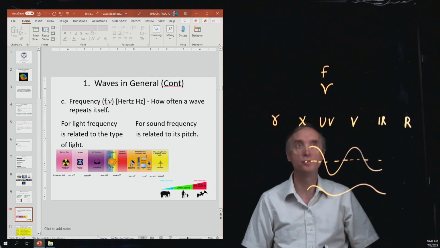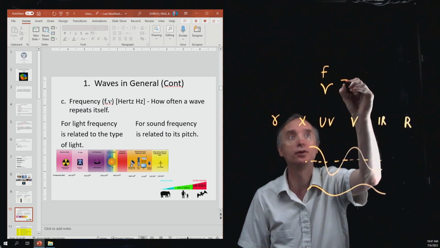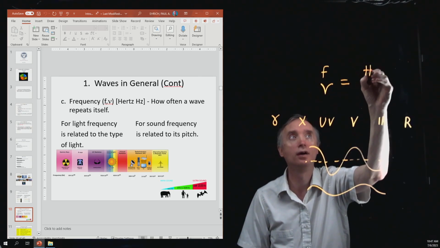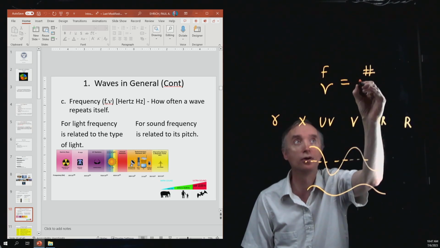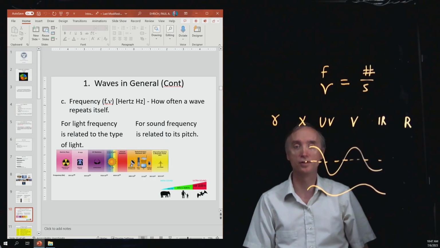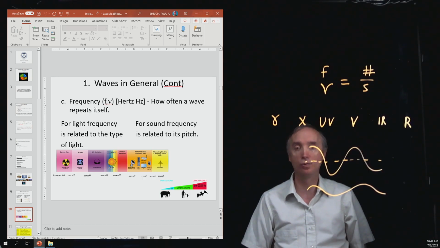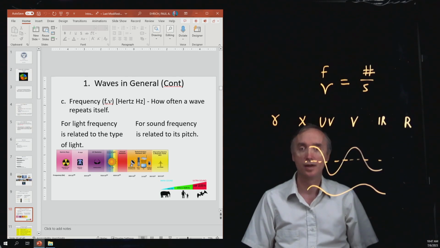It's defined to be the number of times that the wave goes up and down per second. So it's how quickly the wave is repeating itself. And for light, the frequency is related to the type of light that it is.